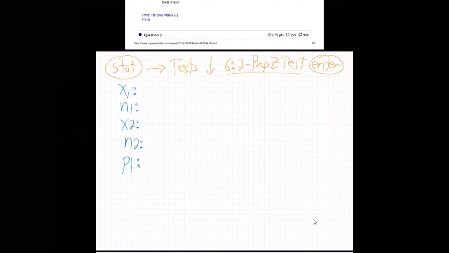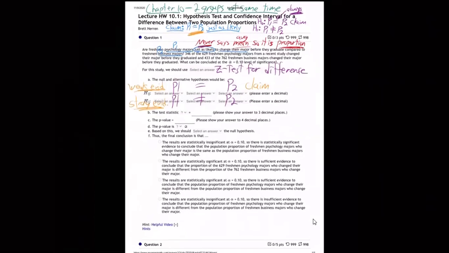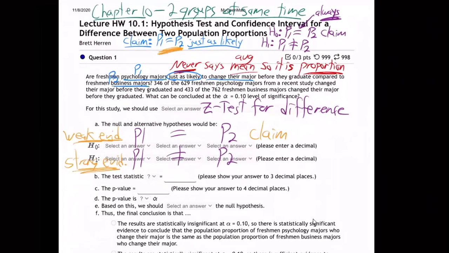What's going to be our X1, N1? So remember, these are totals, right? N is always a total, and a total. So those are going to be the totals, and X1 and X2 are the amount of those totals. So let's go back. Do you see what those numbers are going to be?